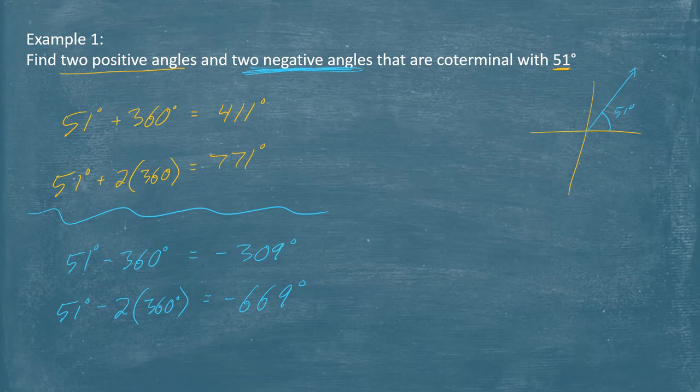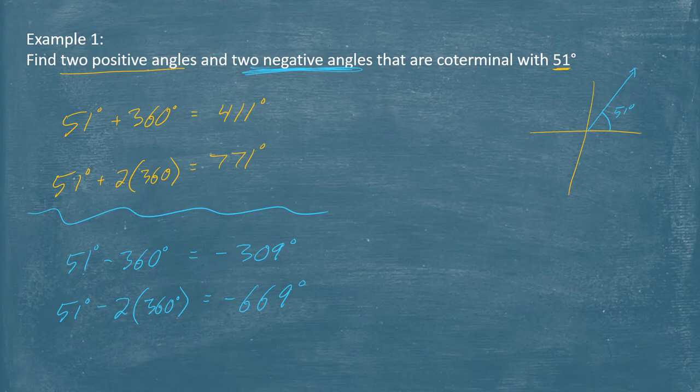But usually best practice is to come up with whatever the next two positive ones would be, or the first two negative ones would be, if they were presented in a larger form. So instead of 51 degrees, let's say it started as, I don't know, 1,250. Obviously subtracting 360 would give us technically an angle that still would be positive, so that would be one of the first ones we could do, but we could also just add 360 and that would technically work as well.